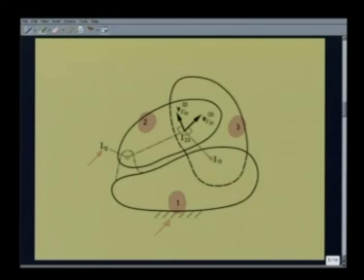Similarly, I13 is the relative instantaneous center between body number 1 and 3. That means, at this instant body 2 is under pure rotation about the point I12 with respect to body 1. Similarly, body 3 is under pure rotation about the point I13 with respect to body 1.